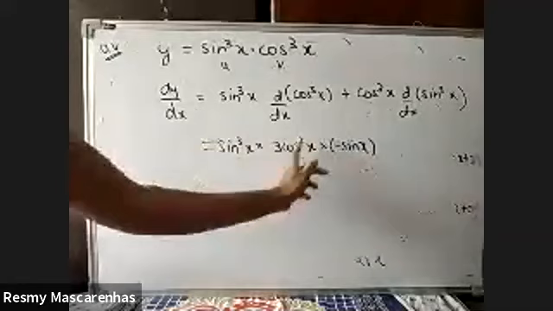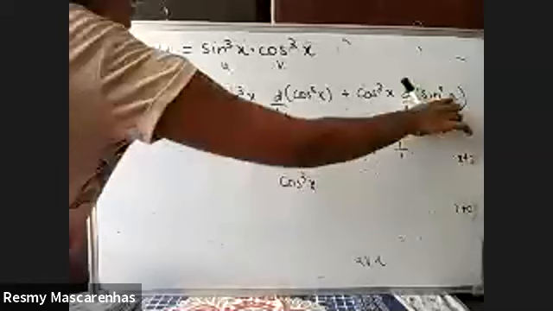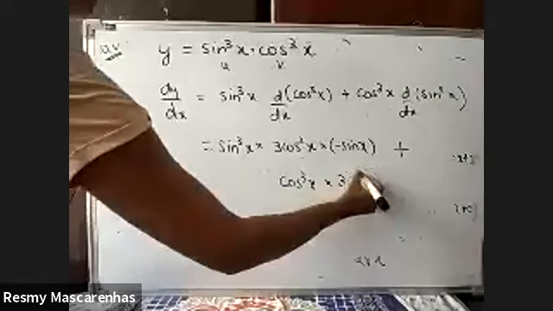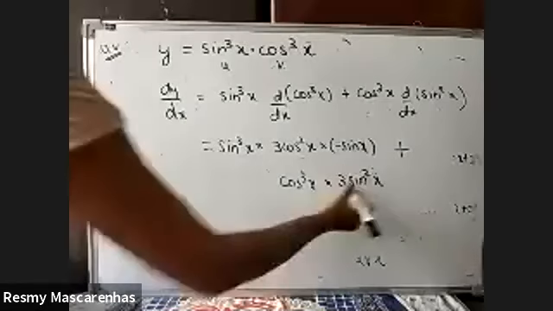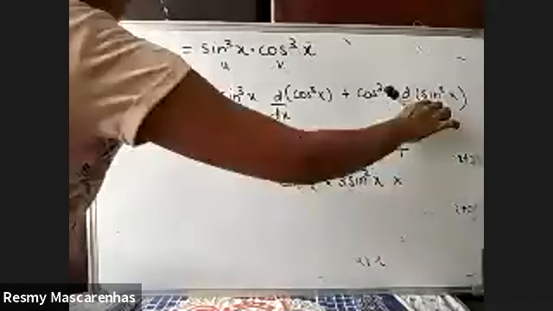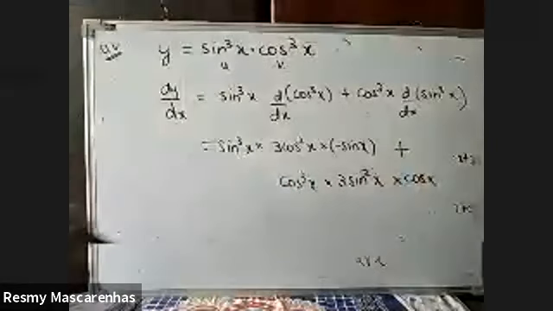Now plus cos cube x as it is, you write. Now we have to take the derivative of sin cube x. So what will it become? 3 sin square x into the derivative of sin x, which is cos x. So this will be your answer.